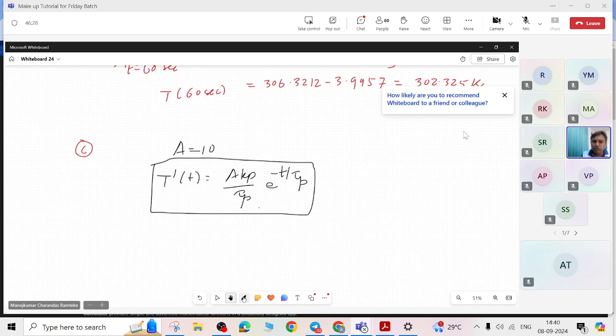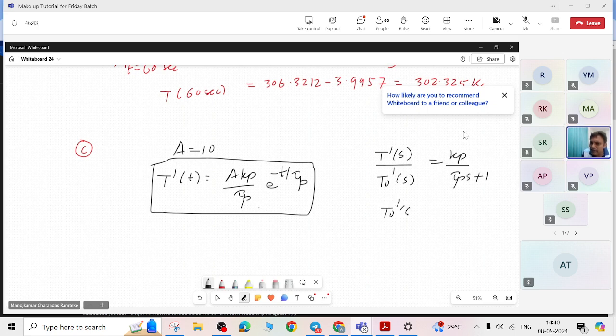So see, for instance, you will be getting T dash S by T naught dash S, that will be given as Kp by tau P s plus 1. Let's say T naught dash S is A only, as it's an impulse input, isn't it? So T naught dash S will be just A. Correct.